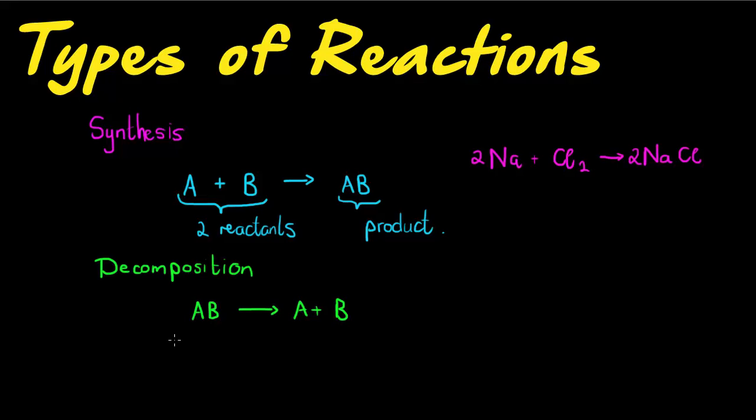Decomposition is a single reactant breaking up into 2 or more, and I should have said it here, it can be 2 or more products. This time it produces 2 or more products.